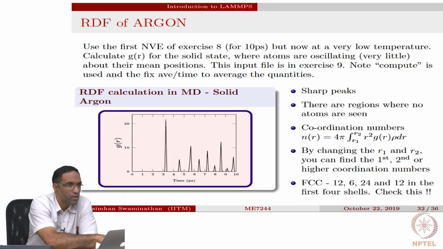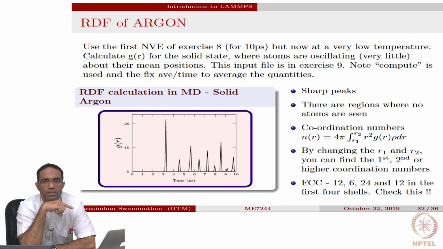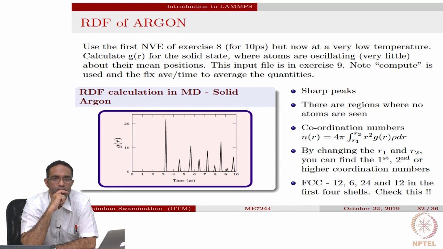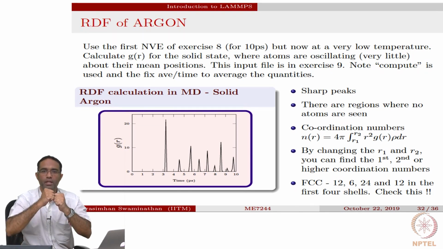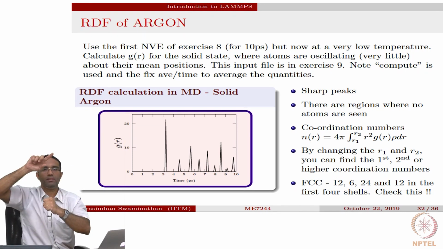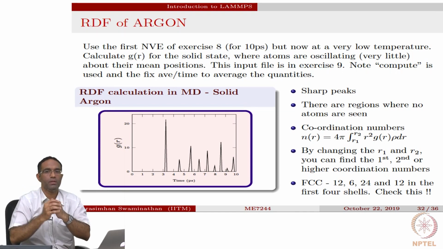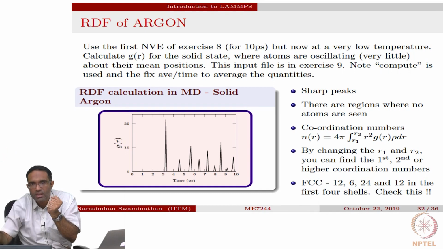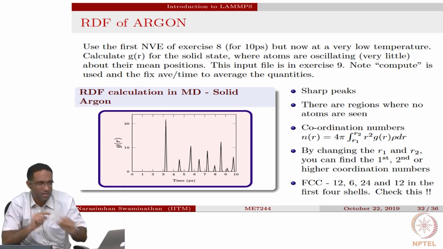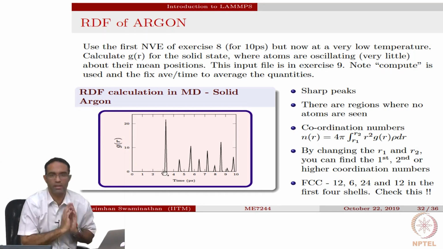So you can plug it in here and see if the first peak occurs approximately at that point. You sit on any atom and keep going, the first atom that you encounter will be at a distance of A by root 2, right? That is this number right here.